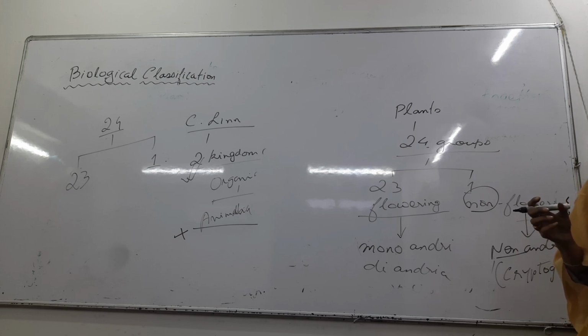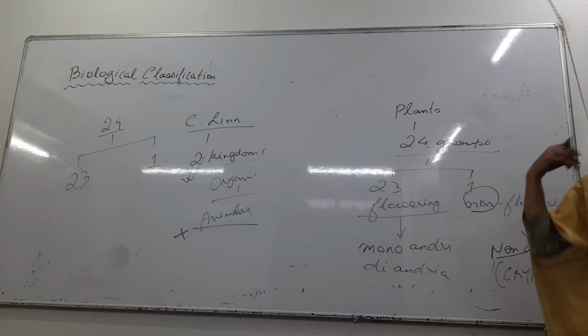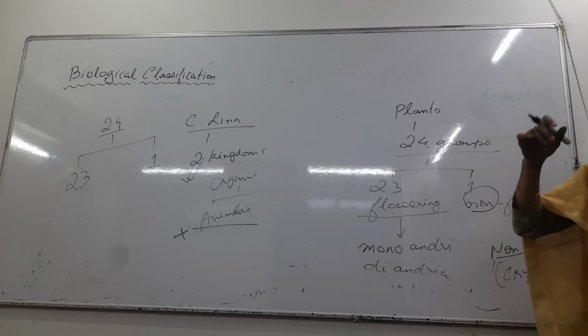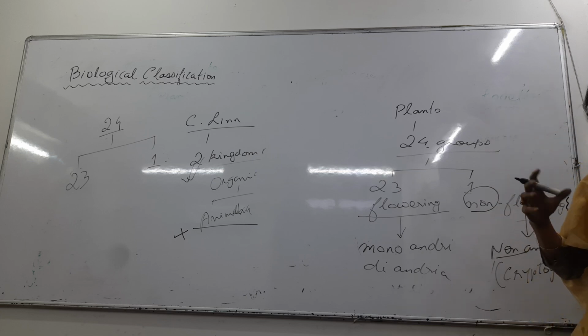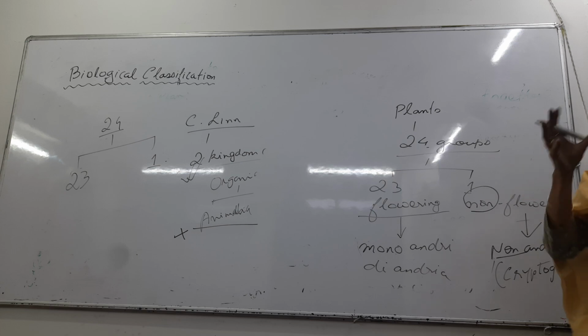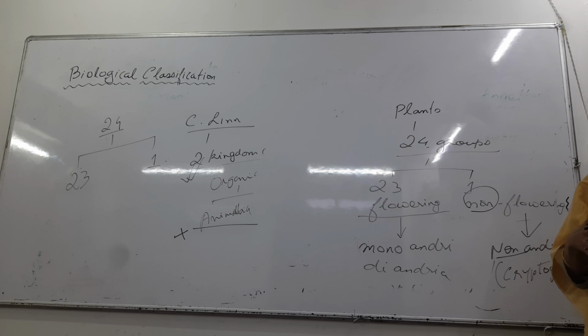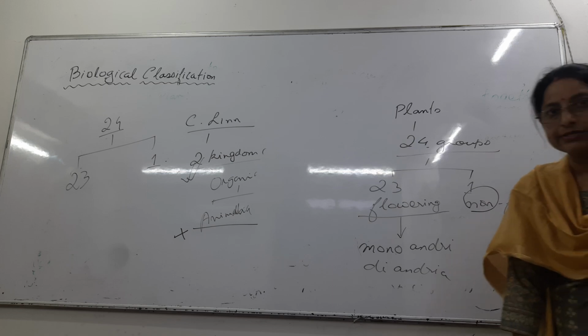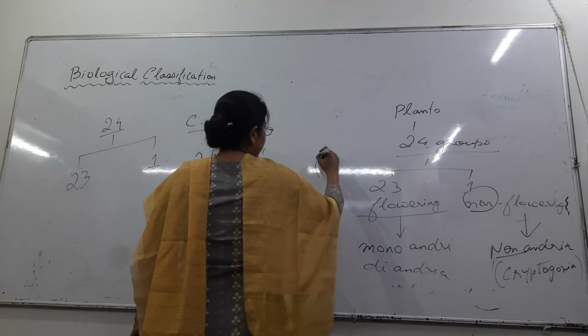In a flower there are parts: sepals, petals, stamens and carpels. Sepals are the green part and petals generally the colorful part. Stamens belong to a group called androecium, and carpels belong to a group called gynoecium. So in a flower you have a male reproductive part and a female reproductive part. The male reproductive part we call androecium and the female reproductive part we call gynoecium.